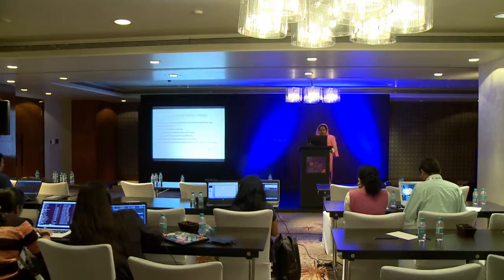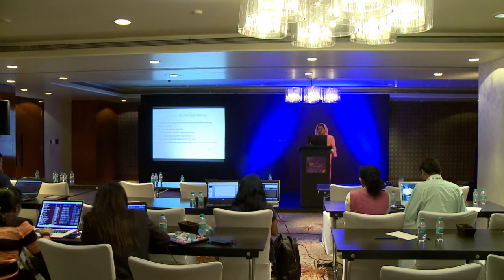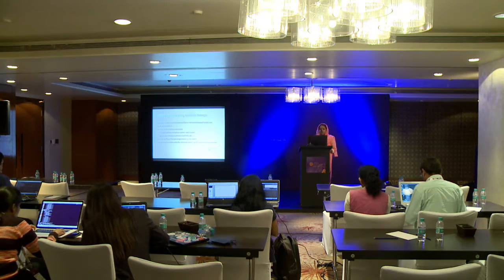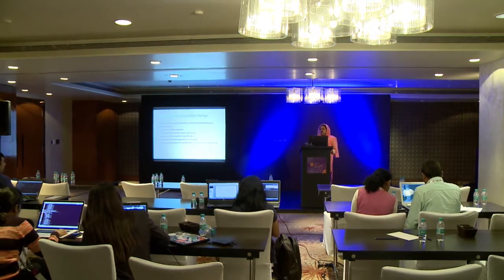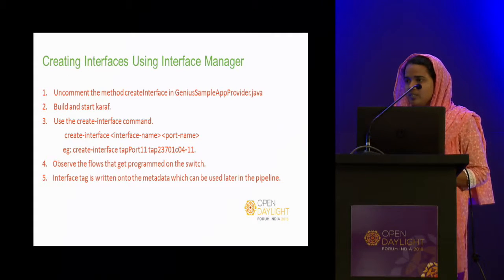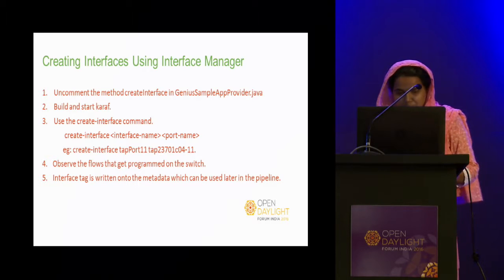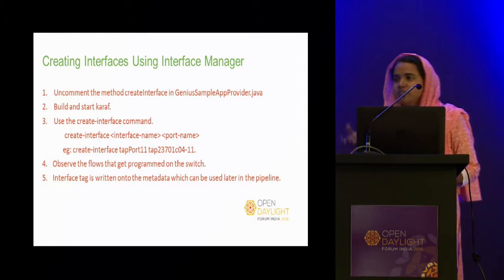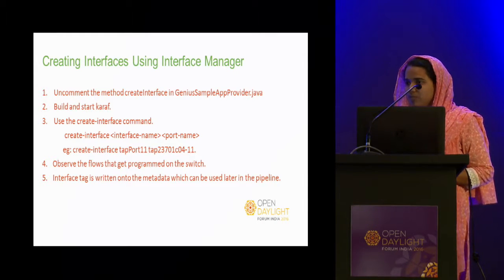The first step is the create interface. First you have to start the controller and then start the switch. Once the switch is started, if you do ovs-vsctl show on the switch, you will see 6 ports there, starting with tap and some 11 characters. Now we are going to configure interfaces on top of them.